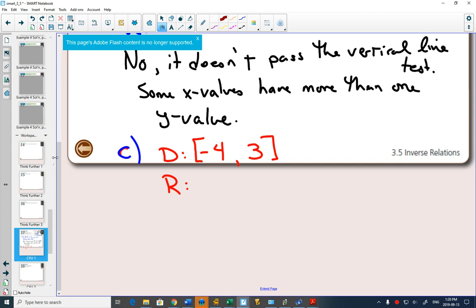So x is between -4 and 3. This is an interval notation. I'll do interval notation for the range as well. Our smallest y value on our original function was -1. Our largest y value on our original function was 4.